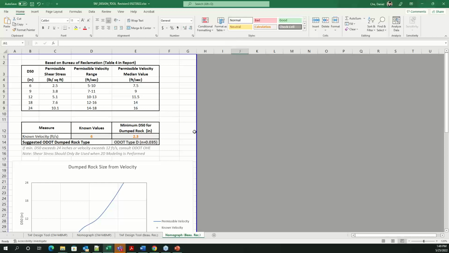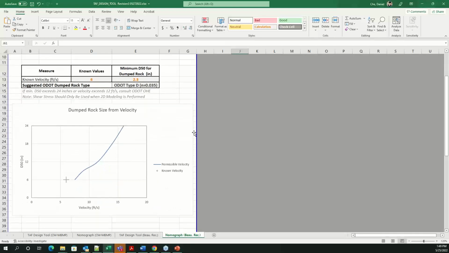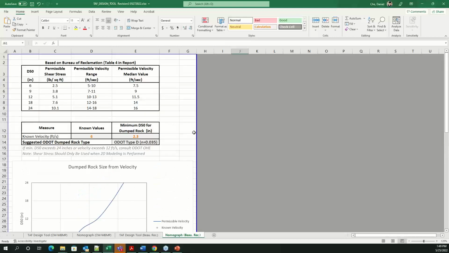Even based on that permissible median velocity from the Bureau of Rec, there wasn't quite a linear relation. It sort of sidesteps, as you can see in that dumped rock size from the velocity graph there. So it's not entirely linear.